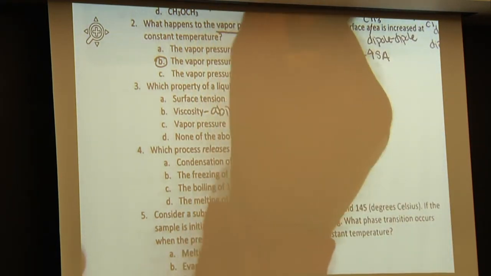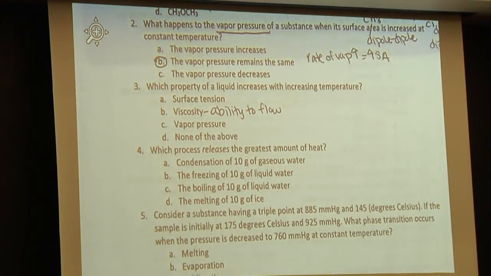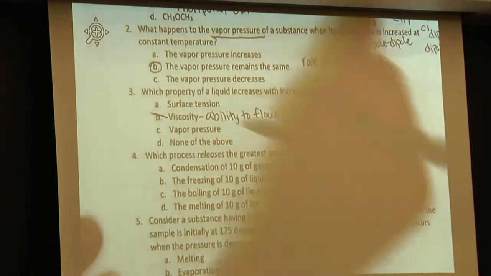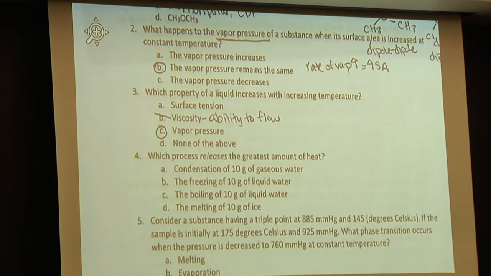So if you're more viscous, what does that mean? Yeah, it's harder to flow. You're going to flow much slower than if you were less viscous. So if you increase the temperature, viscosity would decrease. So it won't be B. But we know with vapor pressure, when you increase the temperature, the vapor pressure will increase.